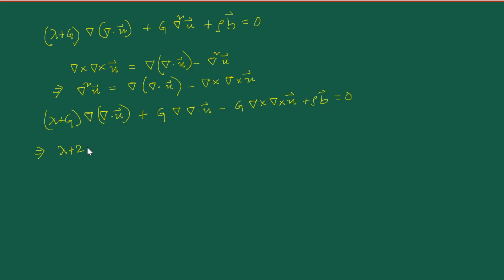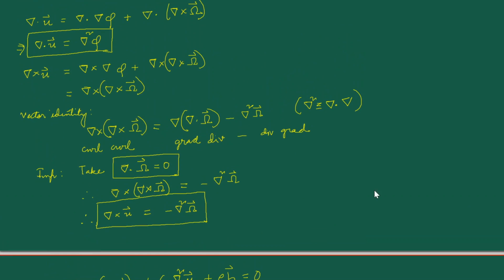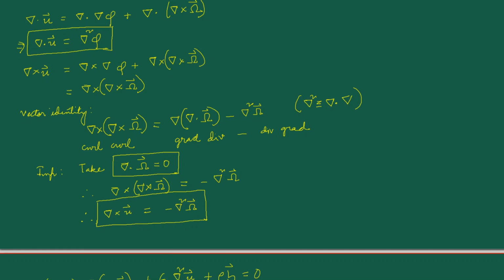So we have lambda plus twice g, grad of the divergence of u minus g curl of curl of u. Now in this equation we have the divergence of u as well as the curl of u. Please note that in the previous page I had already obtained these two expressions. The divergence of u was the Laplacian of phi and the curl of u was the negative Laplacian of omega. So I'll use that here.